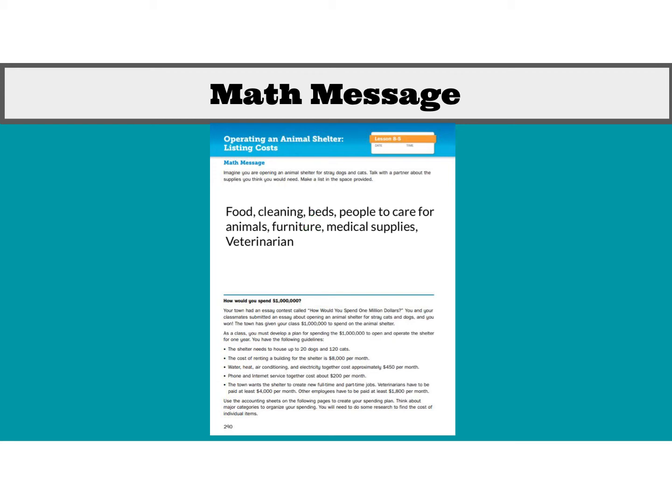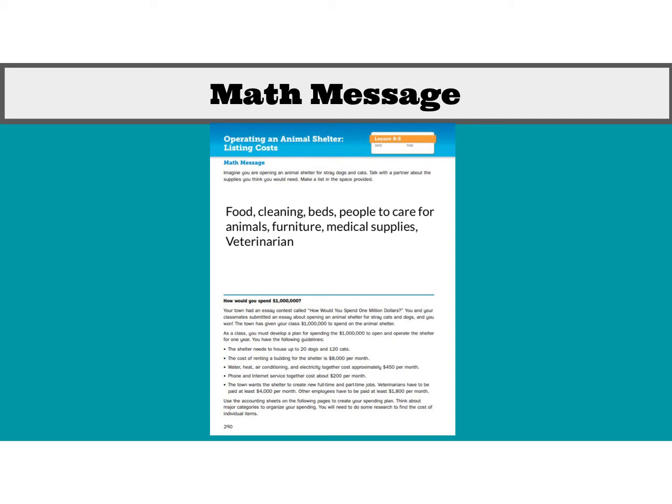Beds for the animals. People to care for the animals. Furniture of some kind, whether it be for the animals or the adults. Medical supplies. What if the animals get sick? A veterinarian. Again, what if the animal needs care because it's sick or it has something wrong with it?